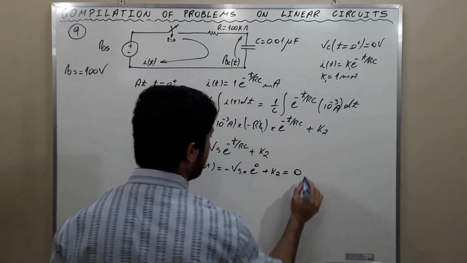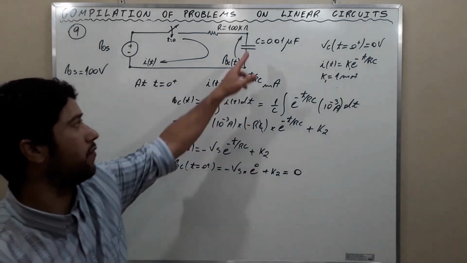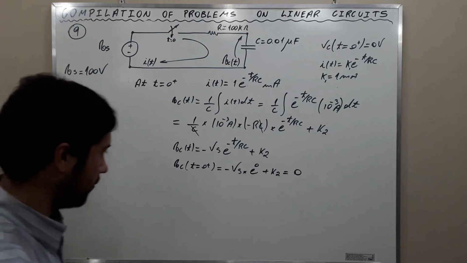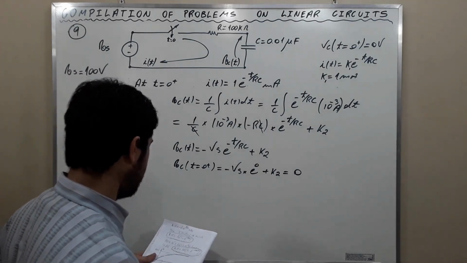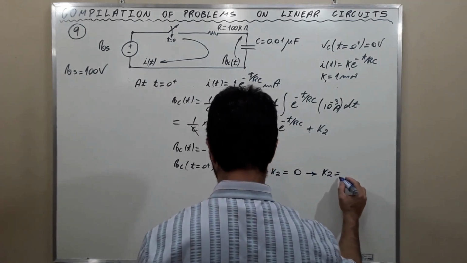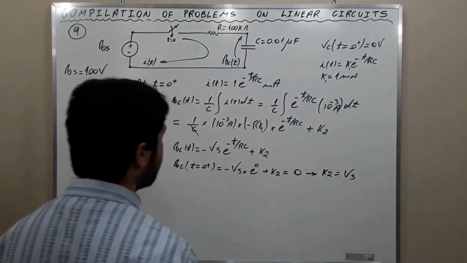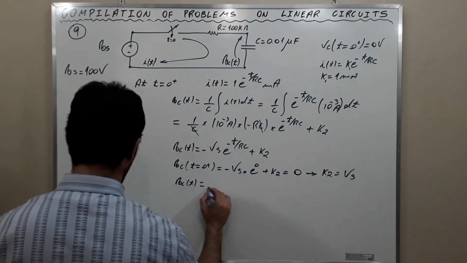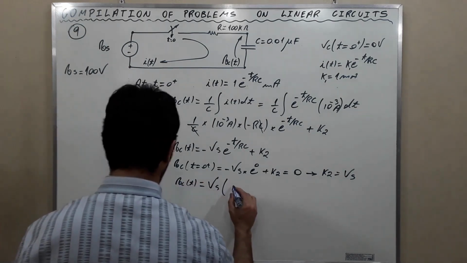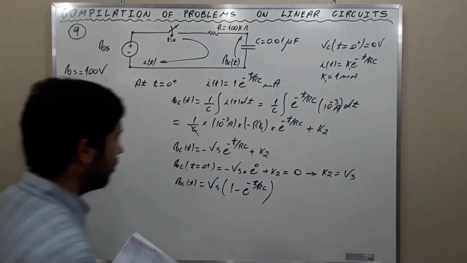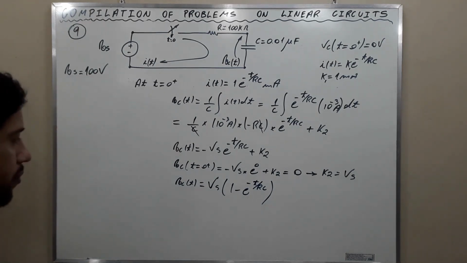And this has to be equal to 0 volts because we have understood that at t equal to 0 plus the capacitor behaves as a short circuit. And in this regard, we find that K2 is equal to Vs, and the expression of the capacitor voltage is Vc of t equal to Vs times 1 minus e to the negative t over RC. Okay, this is the expression of the capacitor voltage.